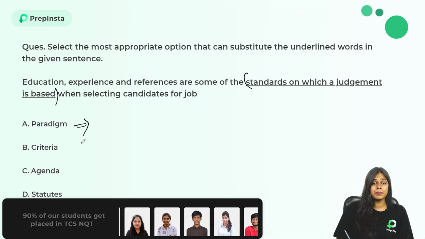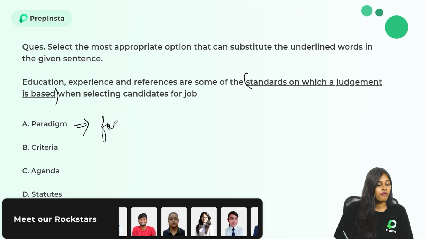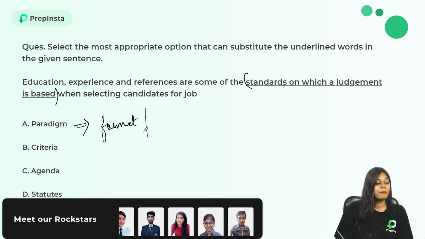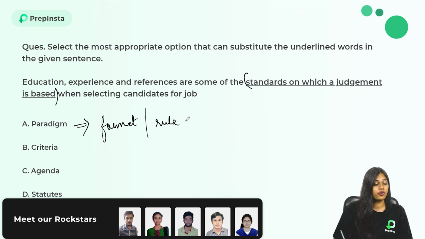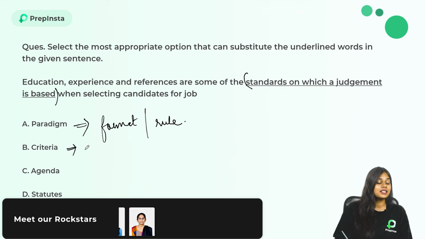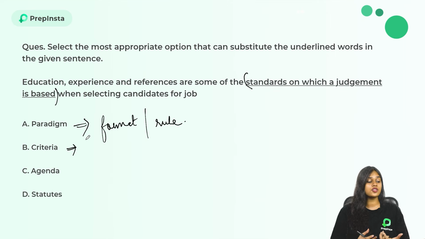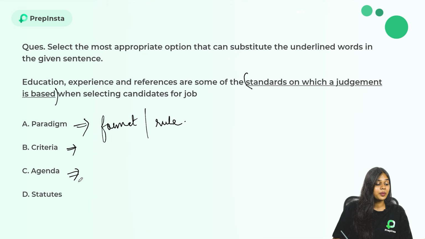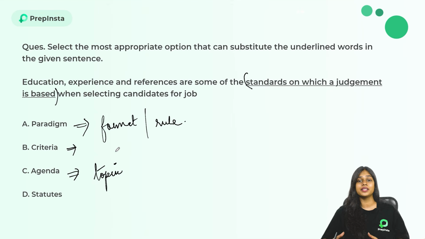What does the word paradigm mean? Paradigm means a format or a pattern of something, or a rule or law of something. Criteria means standards on which, again, a judgment is based. Agenda means topic of discussion. Whenever we are given an agenda of something, that means a topic or a subject of discussion.